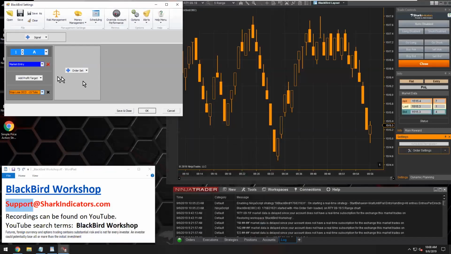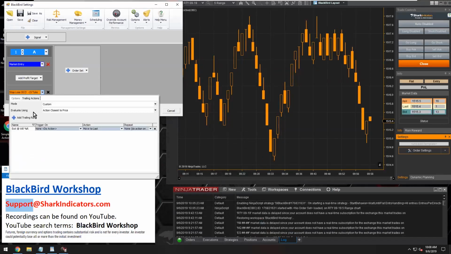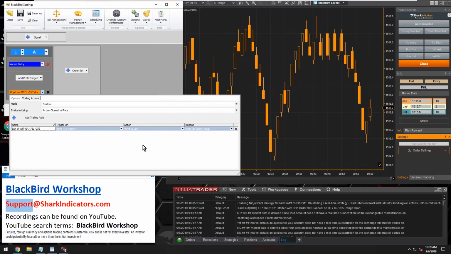There. So let's go back into our trailing rule here. All right, so exit at -75 for a long, or -25 for a short. Stretch that open a little bit more. Okay, so we're going to use one of the trigger conditions to do this.